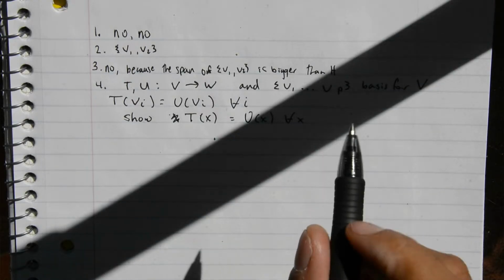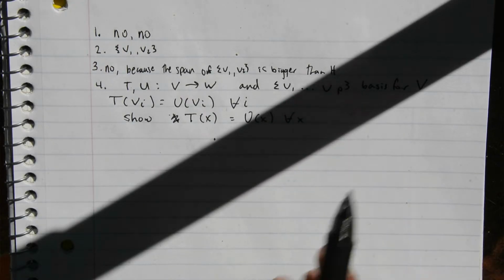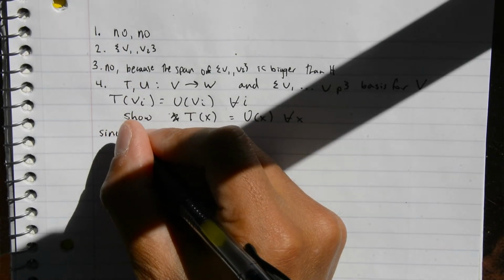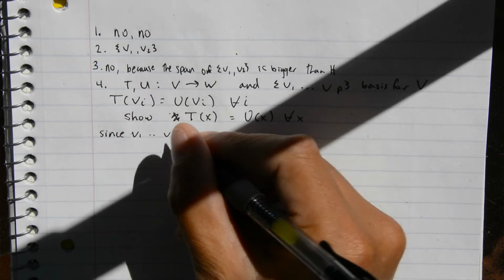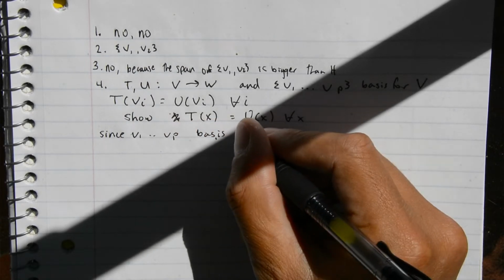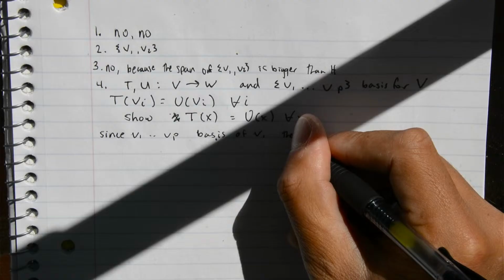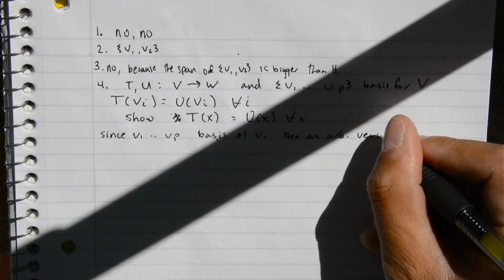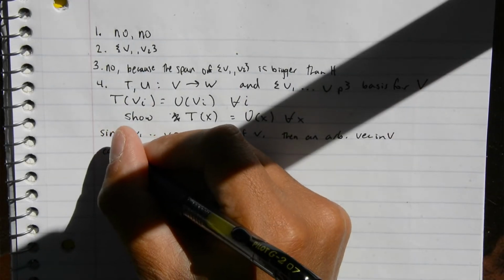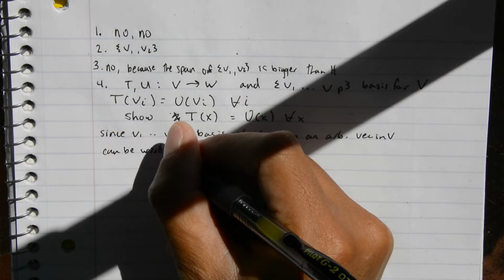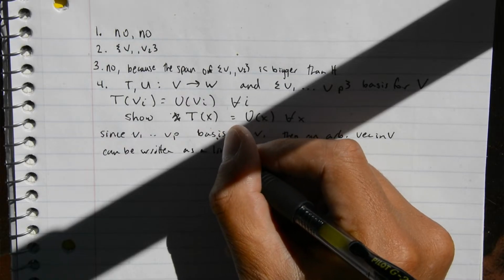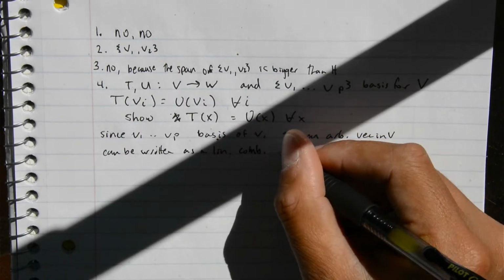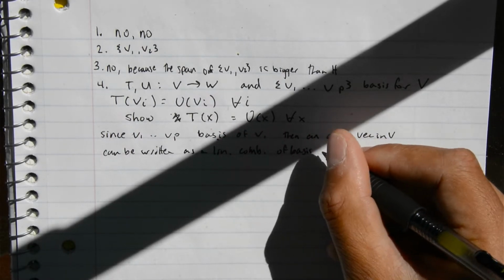Okay, so the trick here is to note that since V1 to VP is a basis of V, then an arbitrary vector in V can be written as a linear combination of basis vectors.